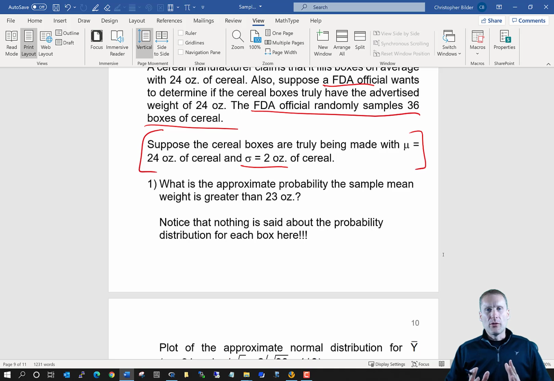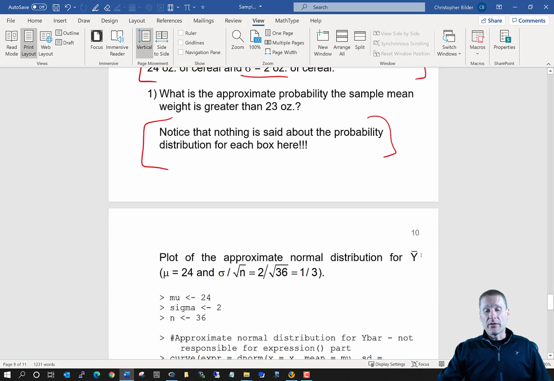So let's assume that this is true, that mu is 24 ounces and sigma is 2 ounces. Let's use that and find some probabilities with the help of the normal distribution here. A key is, notice I'm saying nothing about the probability distribution for these box fills here.